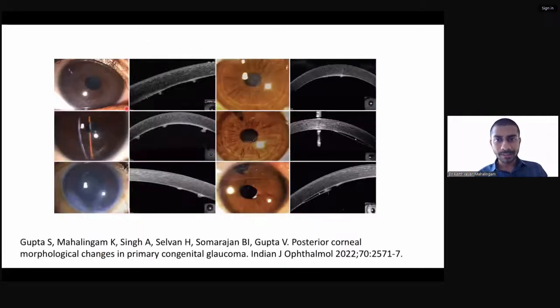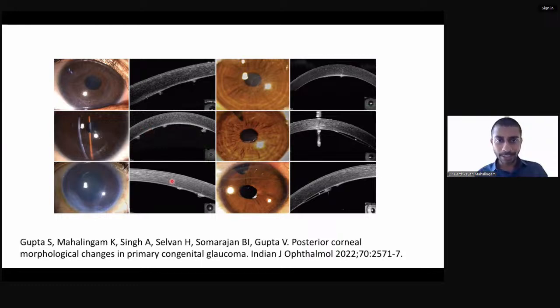This is an image taken from the article by Shika ma'am. Here in the ASOCT images along the HAP striae, there is circumferential protrusion. Here the mushroom shaped protrusion in the areas of HAP striae, and you can see DM and PDL separately.